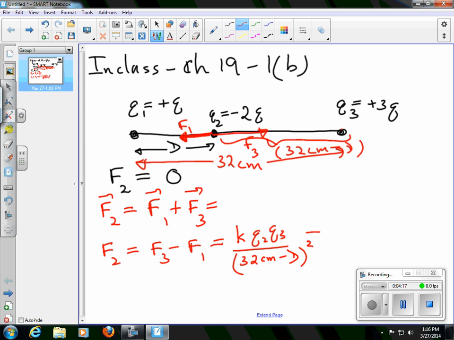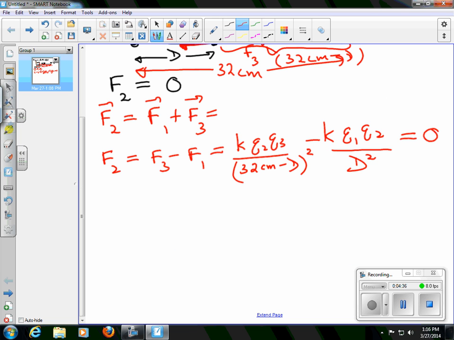And minus K Q1 Q2. These two charges now, this one and this one. Q1 Q2 over the distance d squared has to be equal to 0. That is the equation we're looking at right now. Now, I'm going to put the numbers.